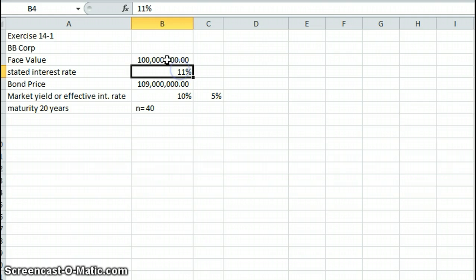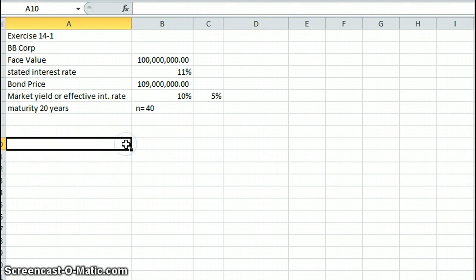So 11% times $100 million will be paid semi-annually, or twice a year, on June 30th and December 31st. So for that interest payment, we have to find the present value of that annuity. And once we add those two together, that's what we should be willing to pay for the price of the bond. So we'll start with the principal payment.